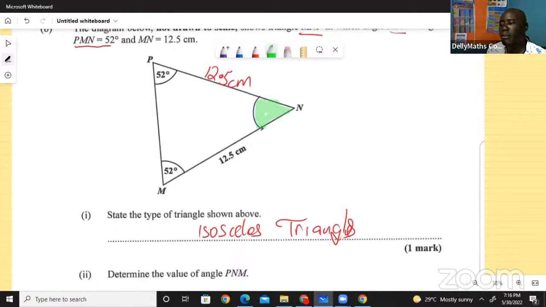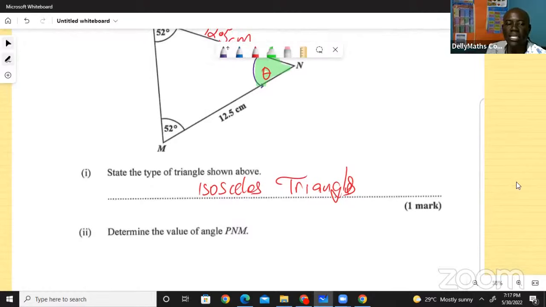The total interior angle of a triangle is 180 degrees, which means angle PNM is going to equal 180 degrees minus whatever those 2 angles add up to.